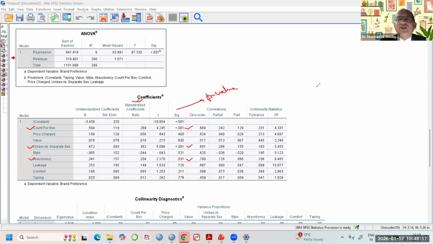So here out of 9, only 3 features have a p-value less than 0.05: count per box, then unisex versus separate sex, which is significant, and the third one is absorbency.